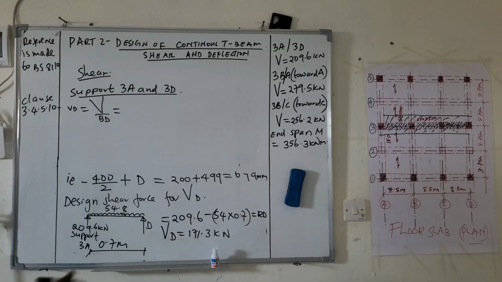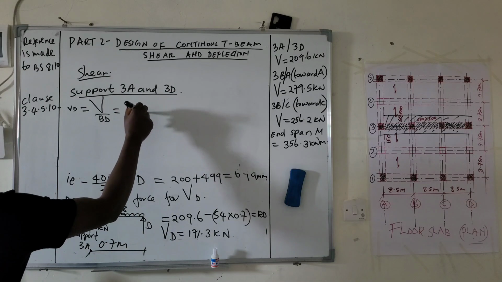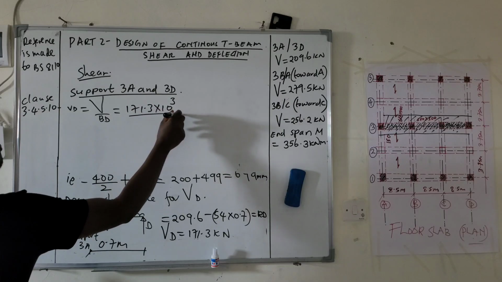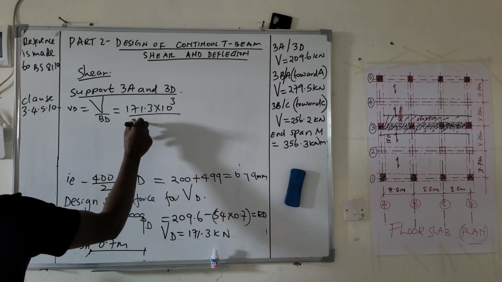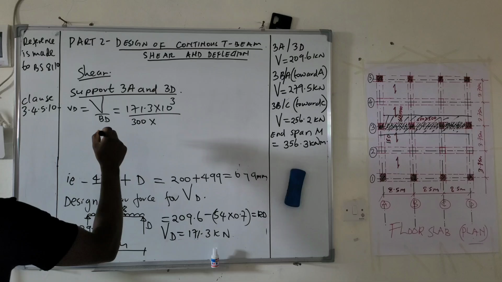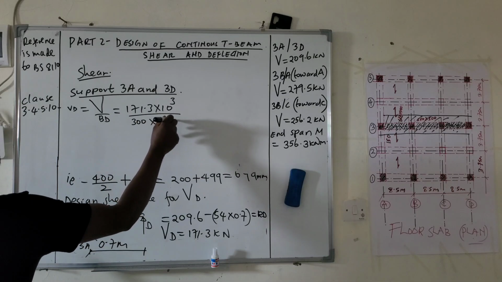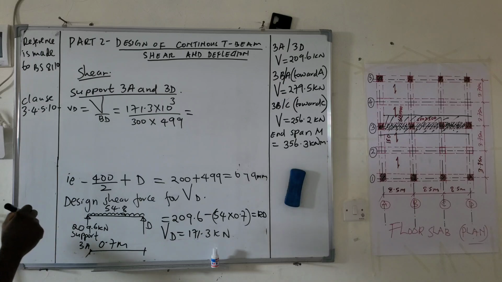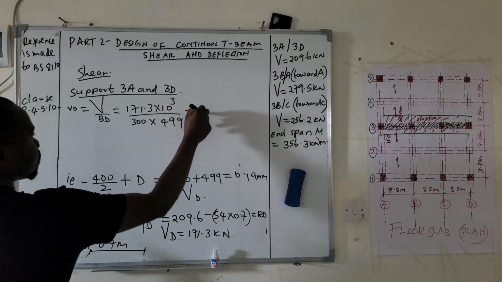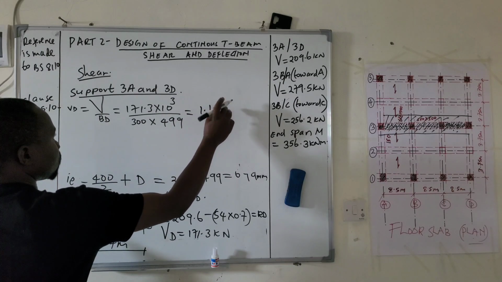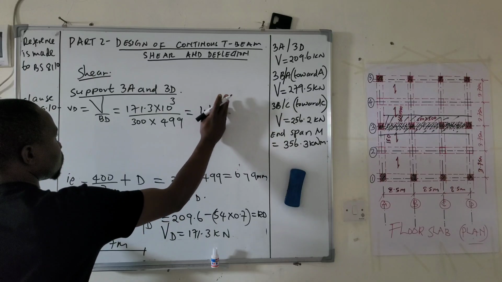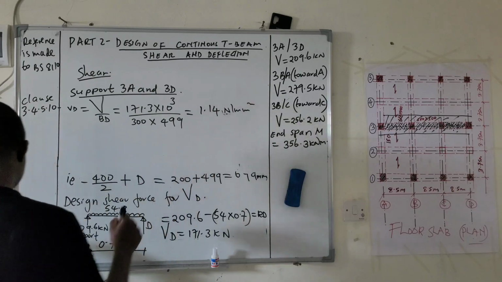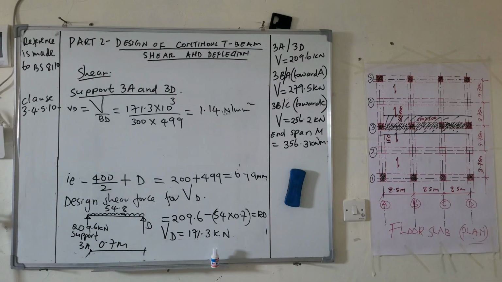So this is equal to 171.3 times 10 raised to the power 3 over b, which is 300, times d, which is 499. So you will get 1.14 Newton per millimeter square.